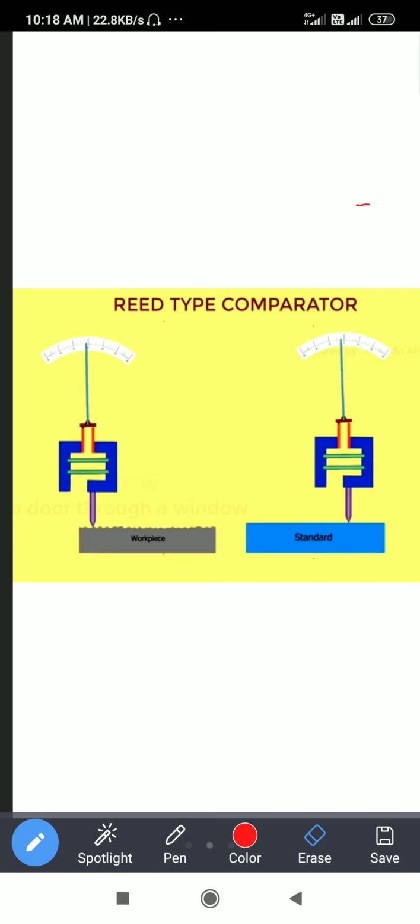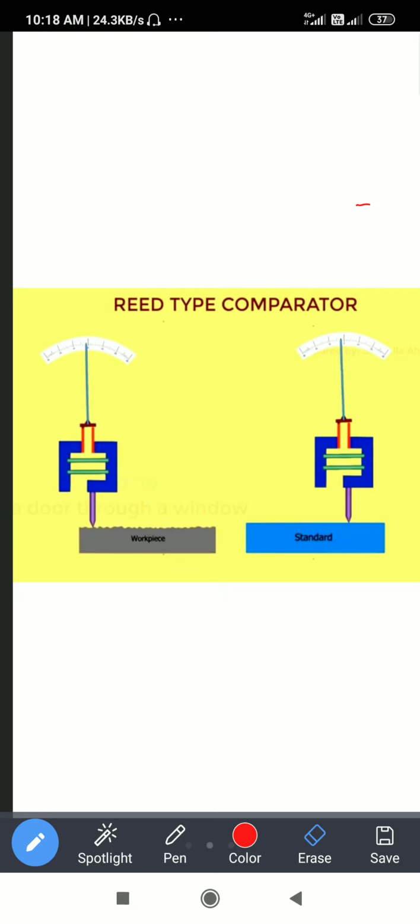Then after checking the range with the standard, the workpiece is kept below. Over here you can see the workpiece is kept below the plunger, and the plunger passes over the upper surface of the workpiece. Now you can see in this diagram there is a zigzag surface on that workpiece, the flat surface is not there compared to the standard workpiece.